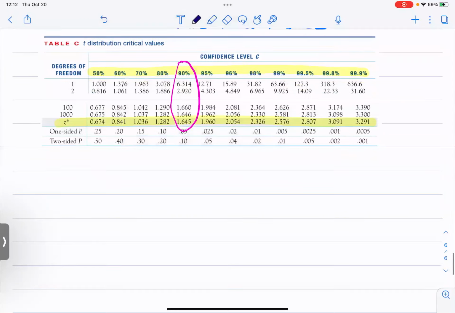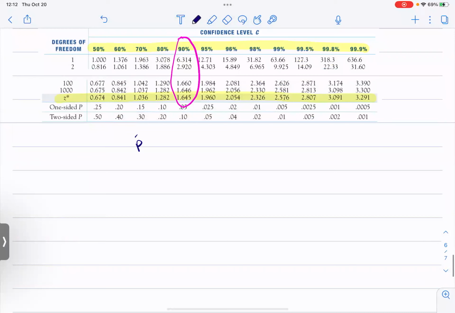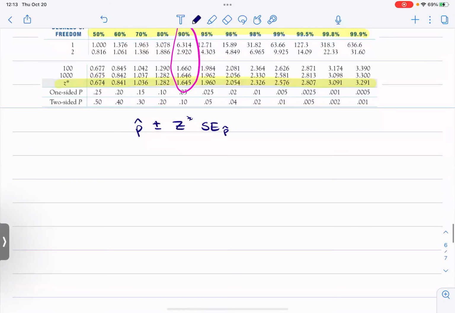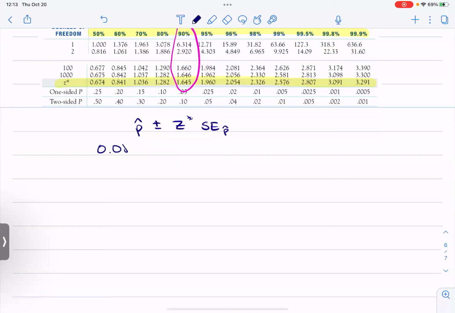Like I said, the math is not hard. It's the interpretation. I'll just jot down the formula again here. P hat plus minus Z star times the standard error of P hat. P hat we said was 0.0851 plus minus, and we just found that it's 1.645 times 0.0102.